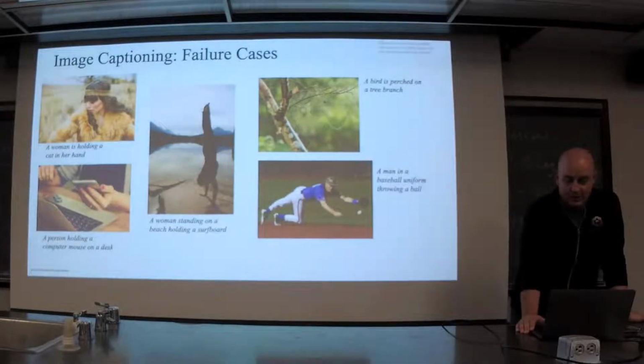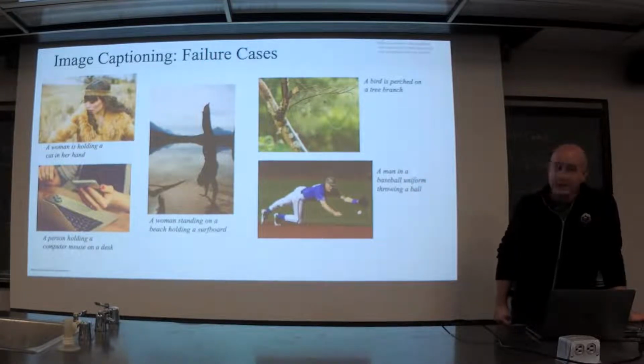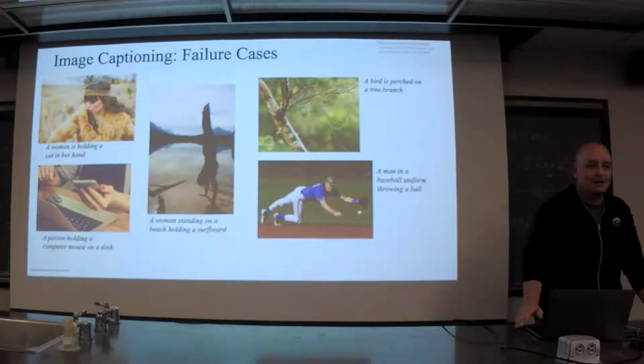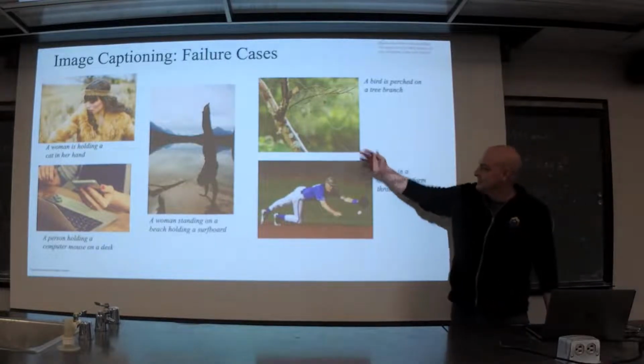Some things don't make sense, like that woman is not holding a cat in her hand, but you can sort of imagine why that happened. This person is not holding a computer mouse on a desk, but you can sort of imagine why that caption happened as well. There's no bird perched on this tree.